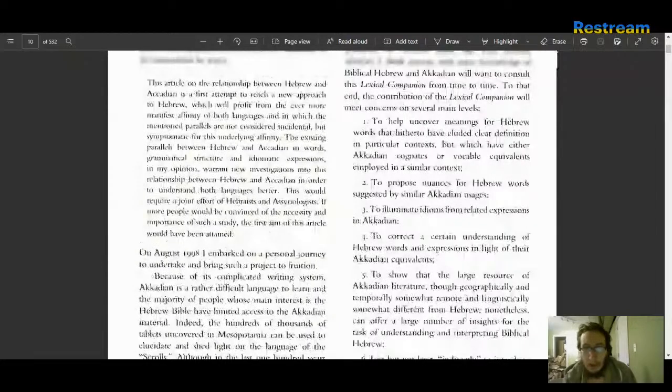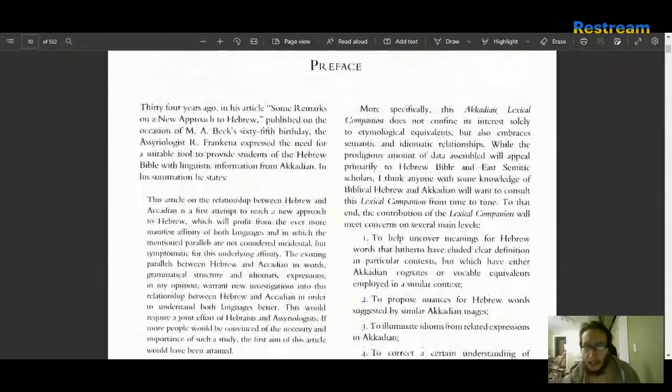More specifically, this Akkadian Lexical Companion, this book, does not confine its interest solely to etymological equivalence, but also embraces semantic and idiomatic relations.